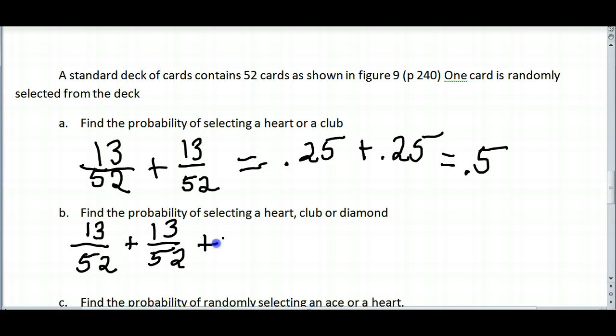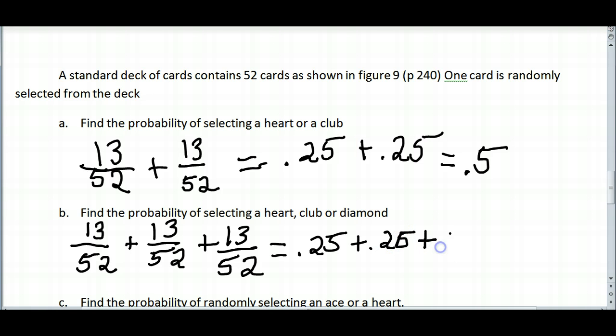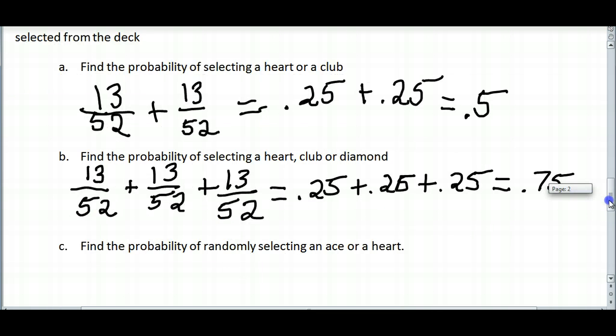So I can go ahead and add in my 13 diamonds to figure out the probability of getting a heart, club, or diamond. Now this is actually 0.25 each if you want the decimal route, and sometimes it's easier to go the decimal route, then you don't have to worry about simplifying fractions, to give a probability of 0.75.